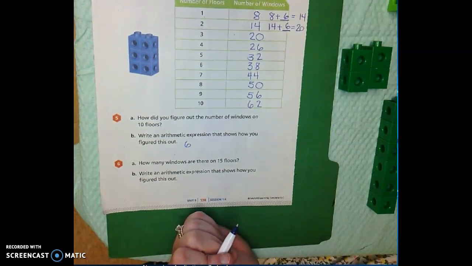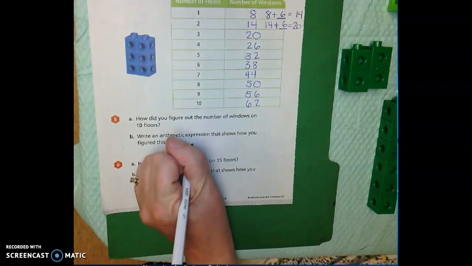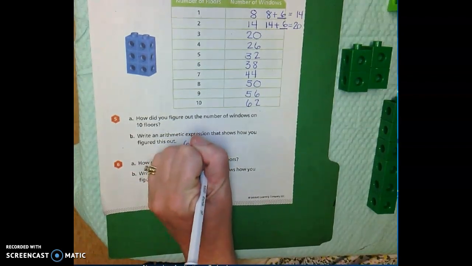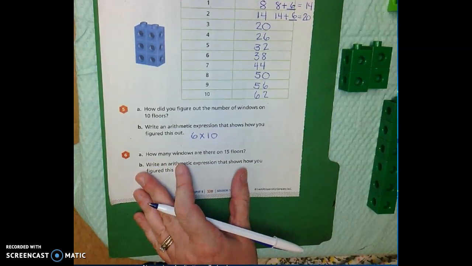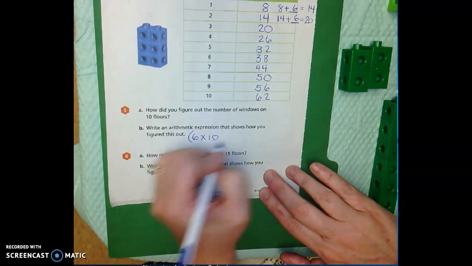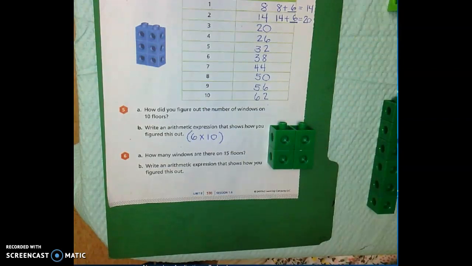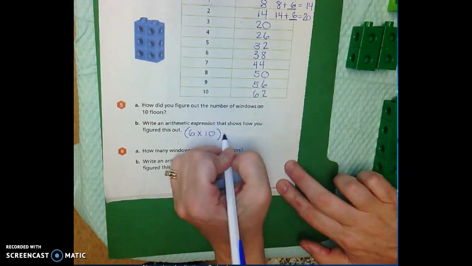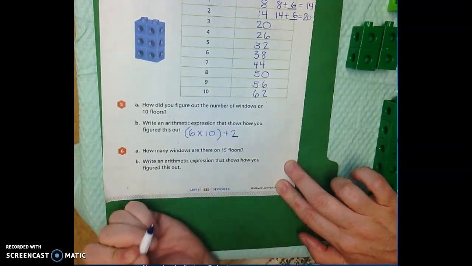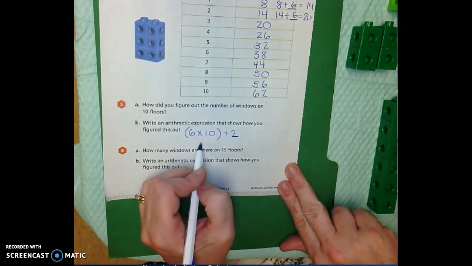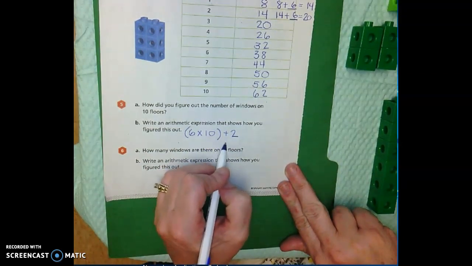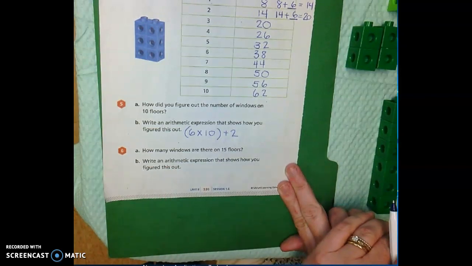And what floor do we want to find out? The 10th floor. So let's multiply that by the floor, because each floor has 6 windows. But how many skylights are we always going to have? 2. So then we want to add 2. So 6 times 10 equals 60, and 60 plus 2 is 62.